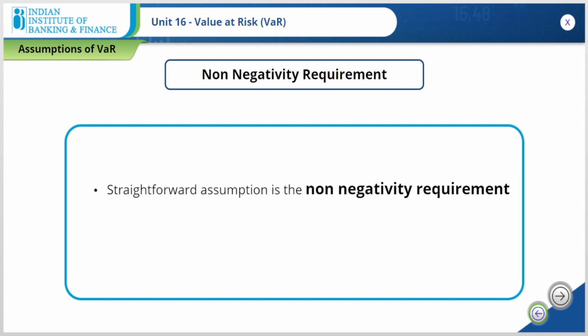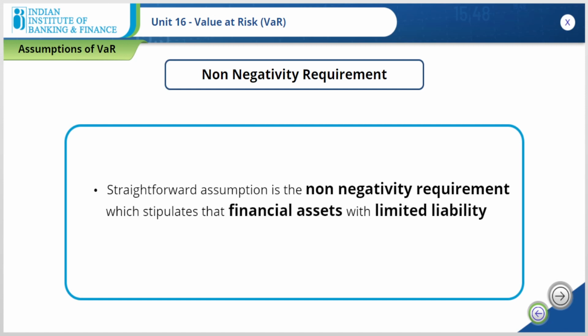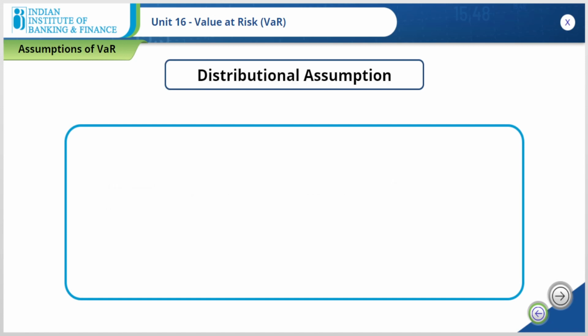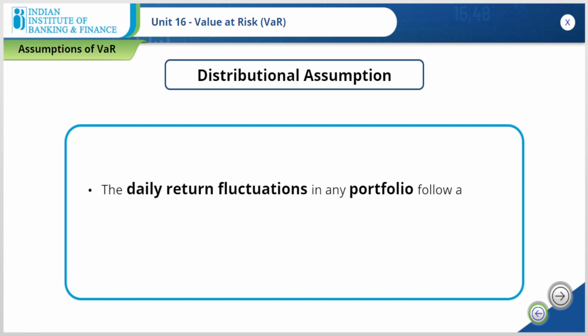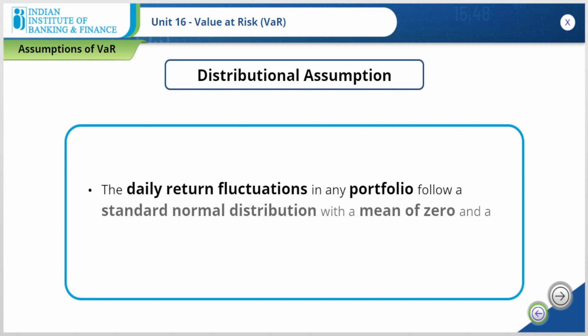Another straightforward assumption is the non-negativity requirement, which stipulates that financial assets with limited liability cannot attain negative values. Distributional assumption. The daily return fluctuations in any portfolio follow a standard normal distribution with a mean of 0 and a standard deviation of 100 BP.